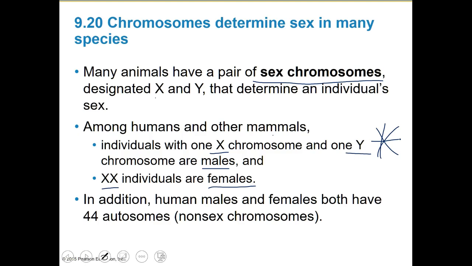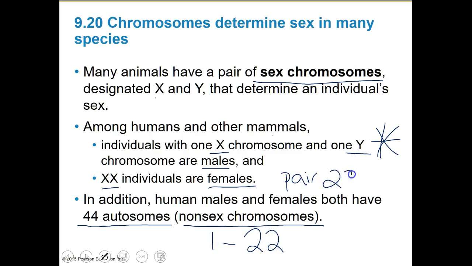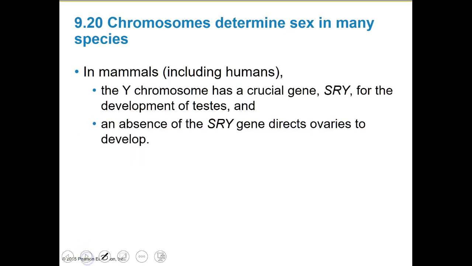In addition, human males and females both have 44 autosomes, or non-sex chromosomes. So that's pairs 1 through 22, whereas pair 23 is the sex chromosomes.